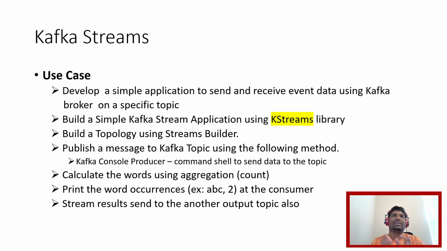And Kafka Streams uses a topology concept. Topology is nothing but you stream the input from the Kafka broker. After streaming, you can do different types of transformation, like get the key and value from the Kafka broker, whatever message was published on that specific topic.